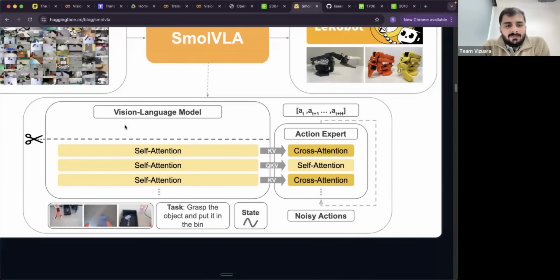Okay, so firstly, let's look at this left box, which includes the input which is passed. The input is the task, grasp the object and put it in the bin, which is a text-based prompt. And these are the images which are coming in from the camera, which is the image data.